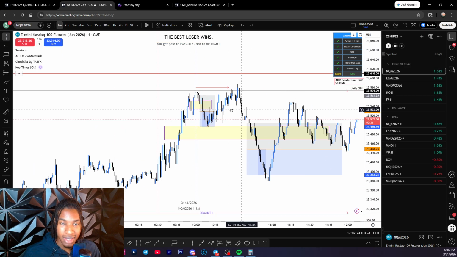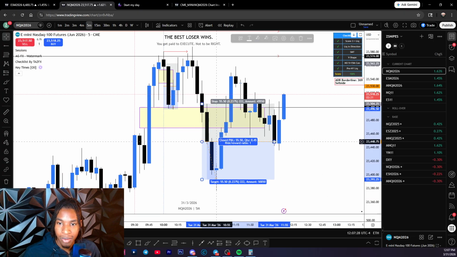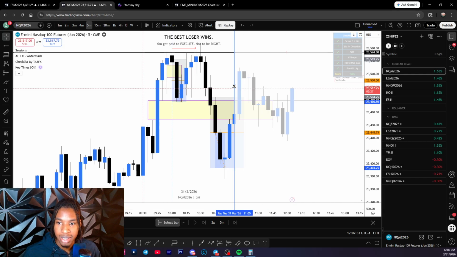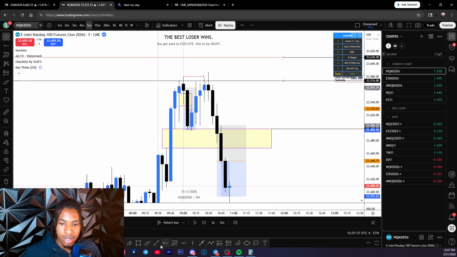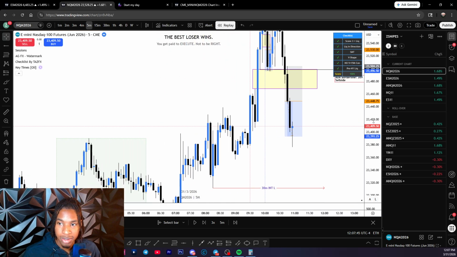Now we ended up taking the higher time frame play, which was our second trade of the day, right about right here. So after, and let me just clear up some of this price action, guys. Boom. So we seen that we had an SMT with this high, and then we also had an SMT up here. So that gave me more confluence that this will sell towards the downside.